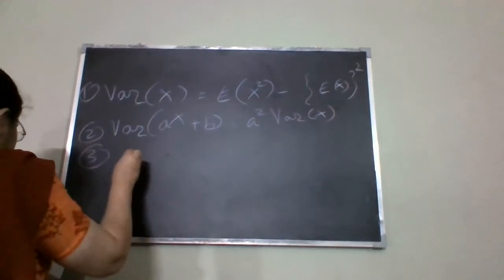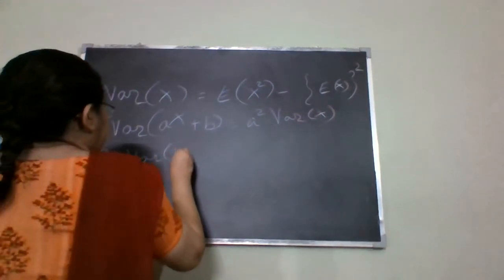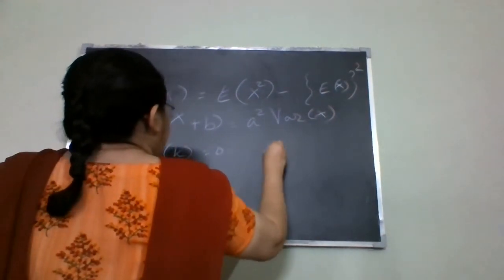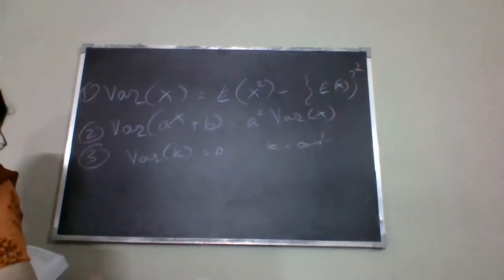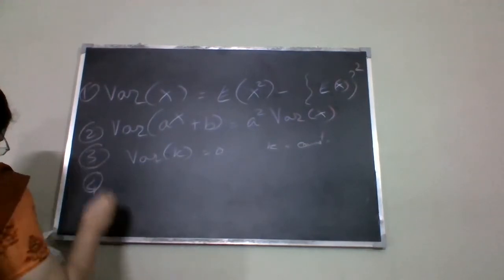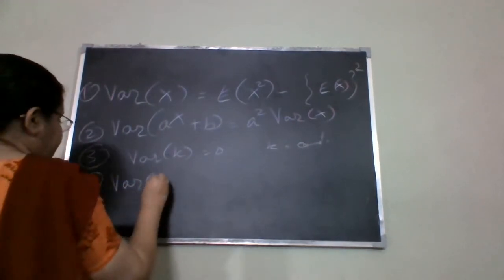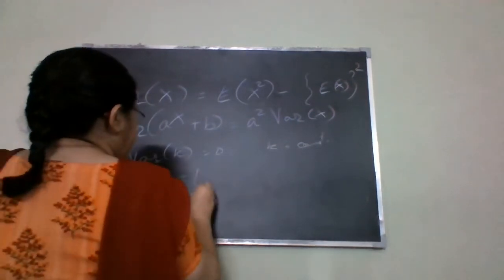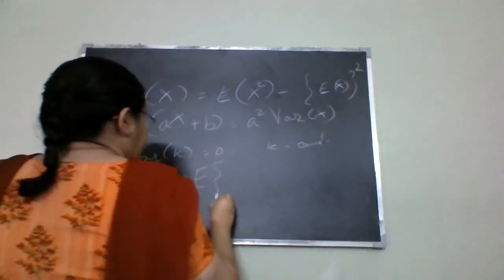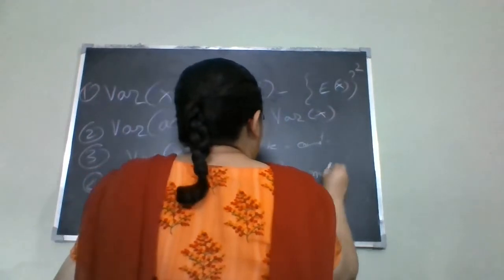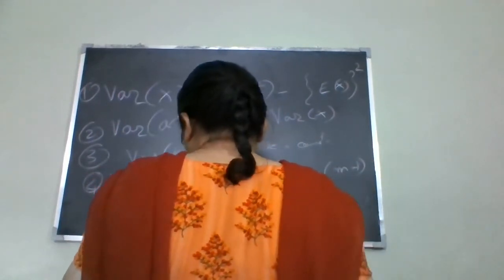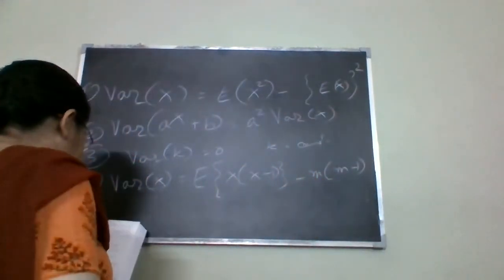Theorem number 3, Var k is equal to 0, where k is a constant. And then theorem number 4, Var X is equal to the expectation of (X minus m) whole square, where m is the mean of X.